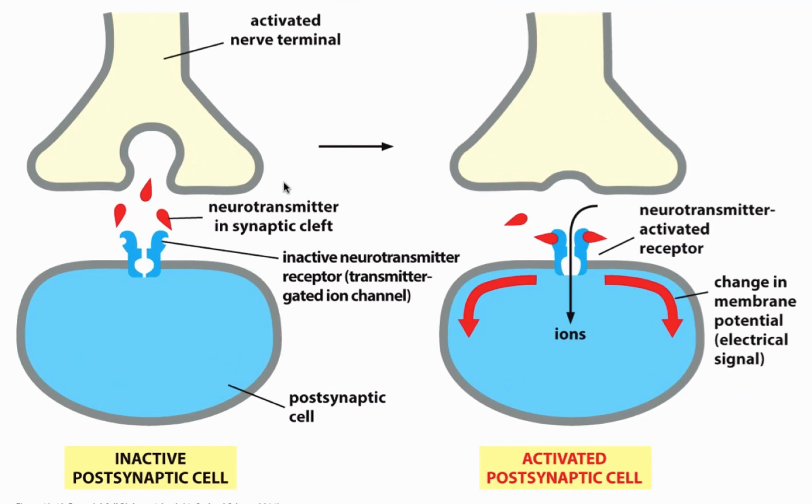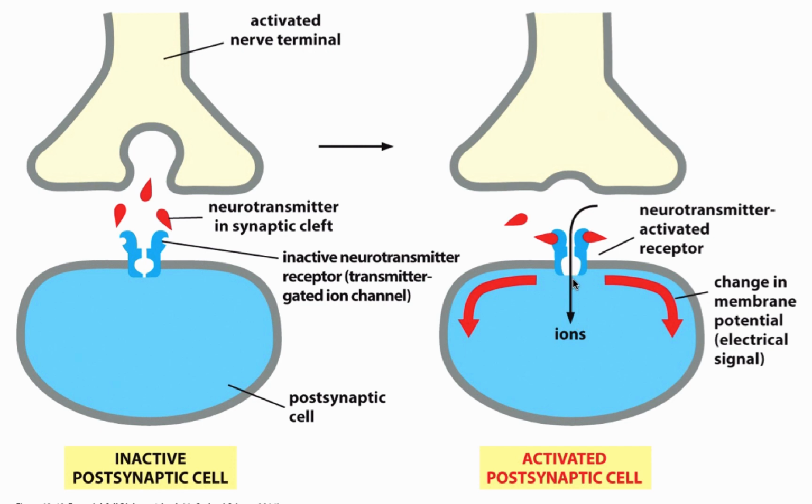All right. So after the release of the neurotransmitters into the synaptic cleft, the neurotransmitters will be able to bind to the neurotransmitter receptor on the surface of the postsynaptic cell. That is going to allow the channel to open and therefore have an influx of ions inside the cell.